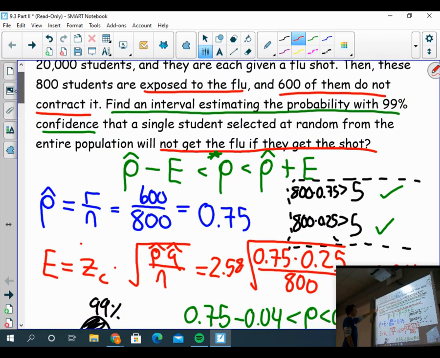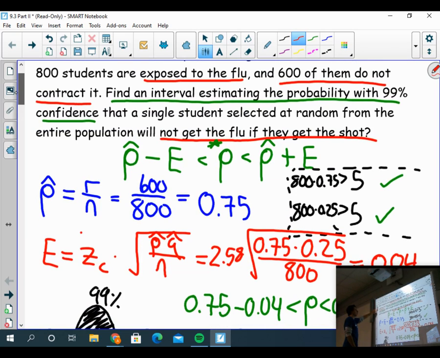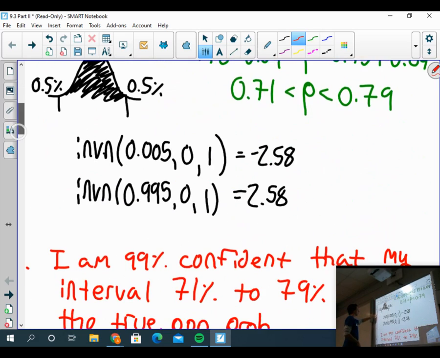And we're making this interval for the probability that a student selected at random will not get the flu if they get the flu shot.